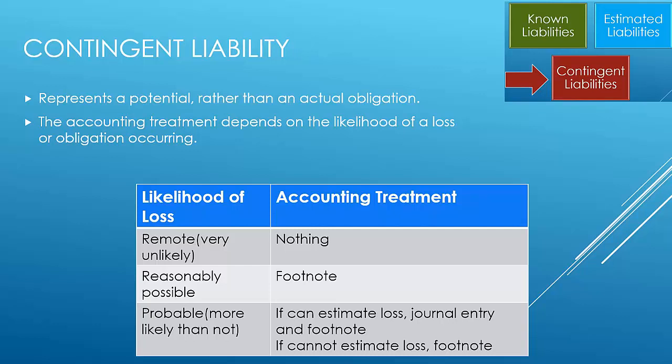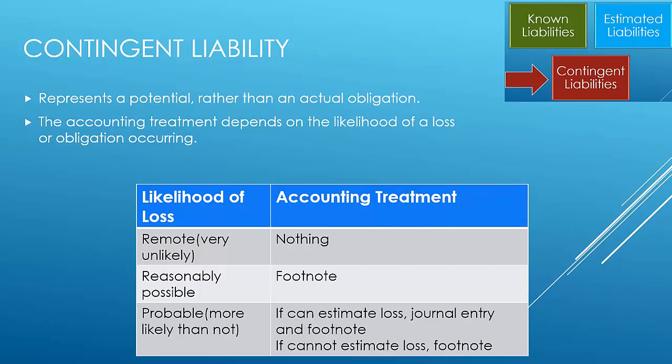On the next level, getting a little bit closer, it looks like someone's filed a lawsuit against us and it's reasonably possible that they may win, but we don't know how much is going to be awarded. It's only reasonably possible. These terms are really important. In that case, we don't make a journal entry.